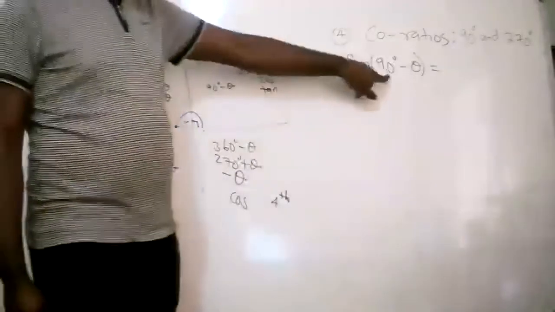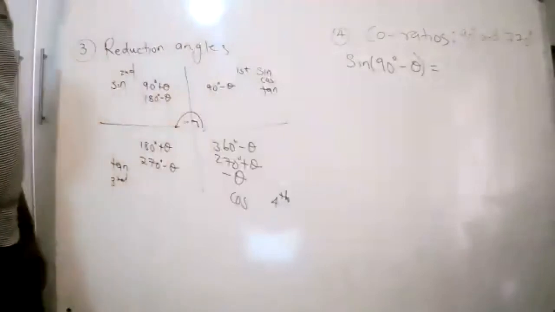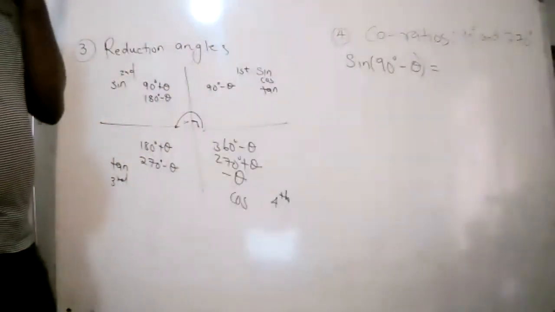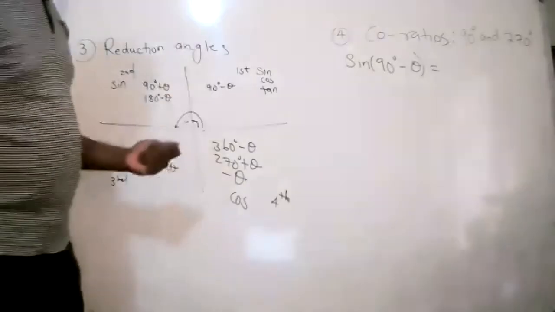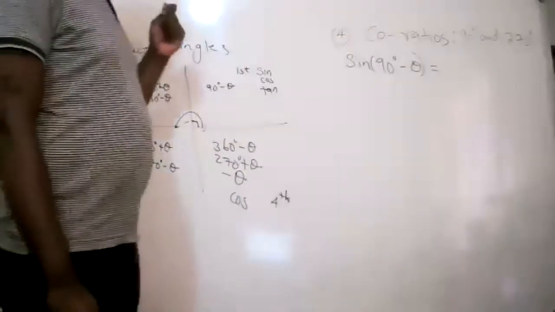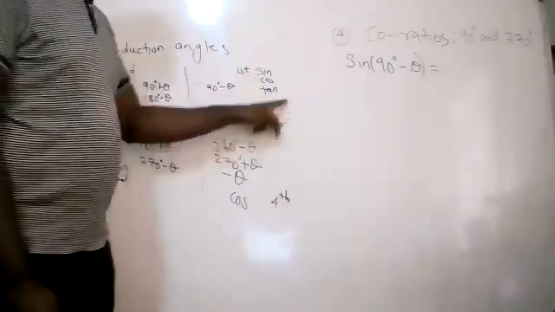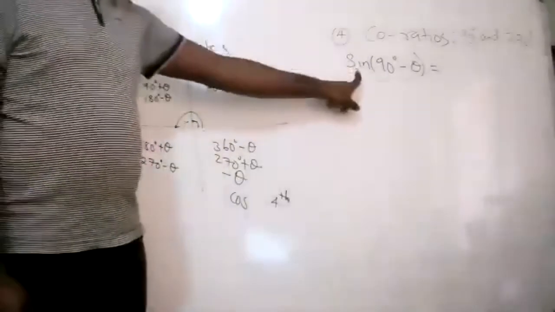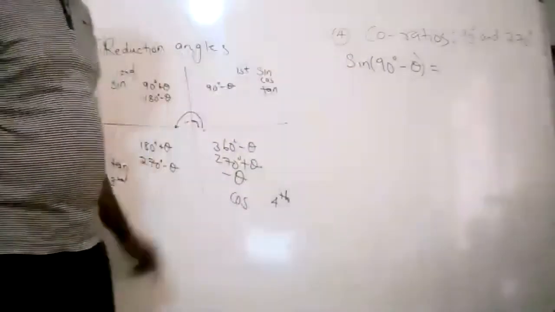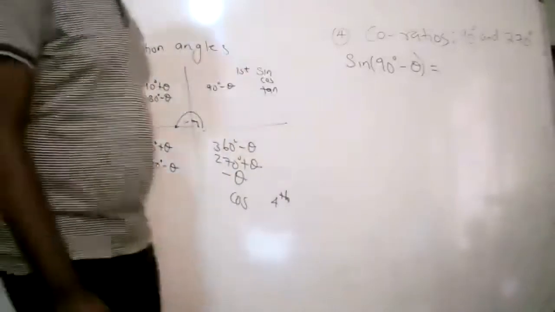Can any one of you tell me which quadrant we find 90 degree minus? First quadrant. That's where we find 90 degree minus. And on the first quadrant, all trig ratios are positive. So here we have a trig ratio of sine, which means it's going to be positive because it also belongs to the first quadrant.